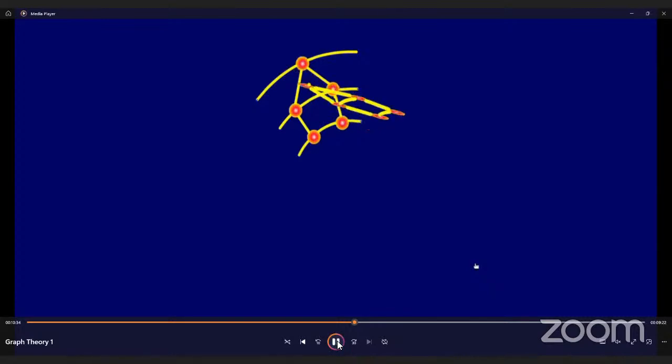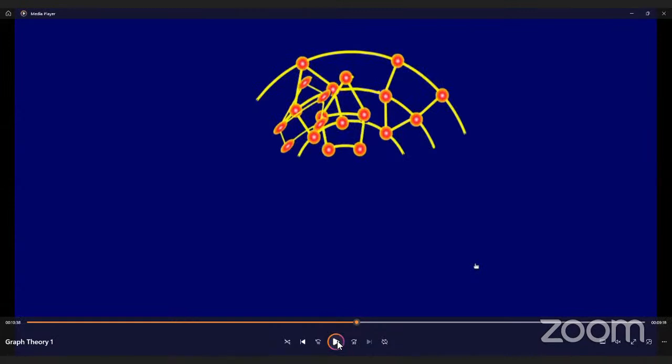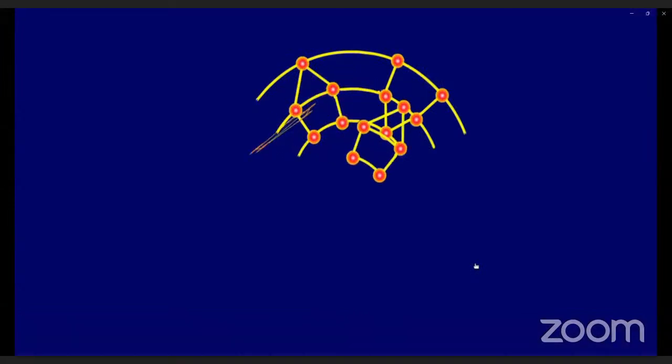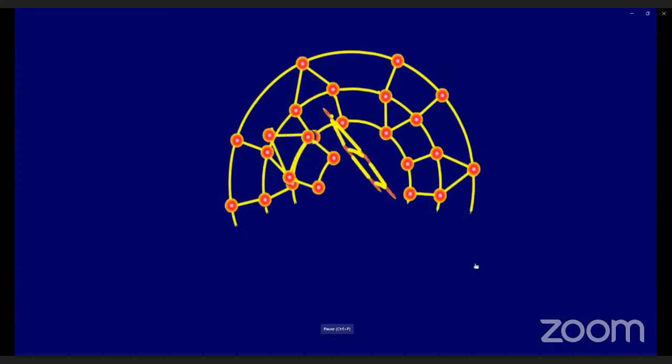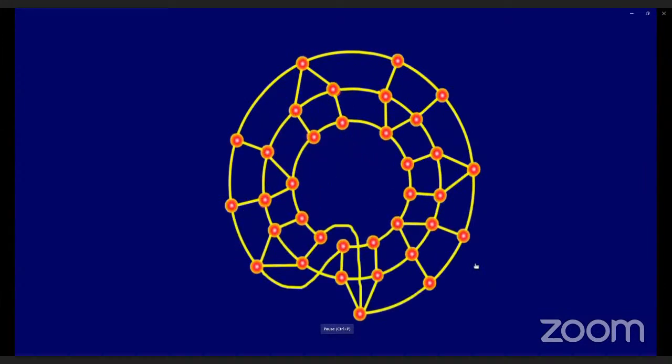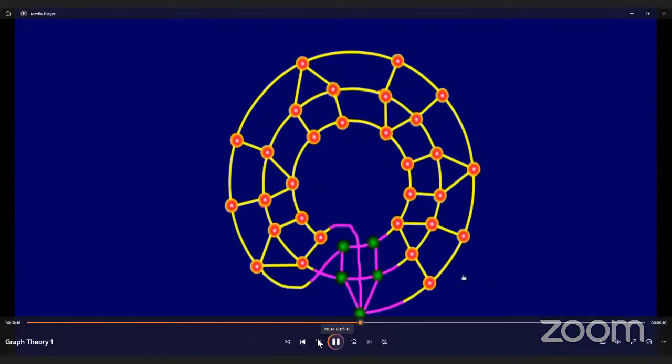So you get the vertical twist, then you glue another one, and then you have the twist here.